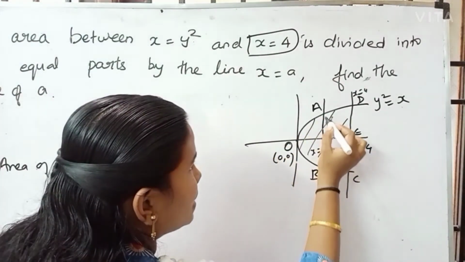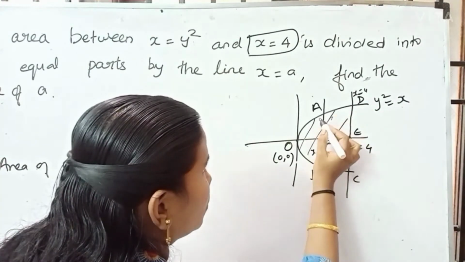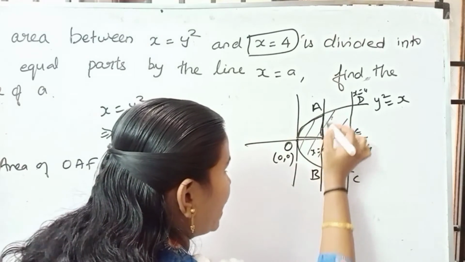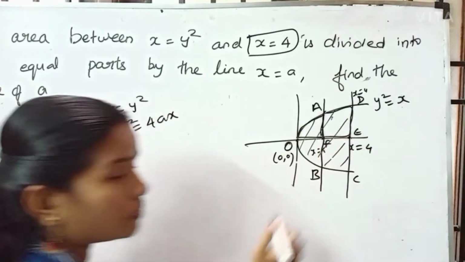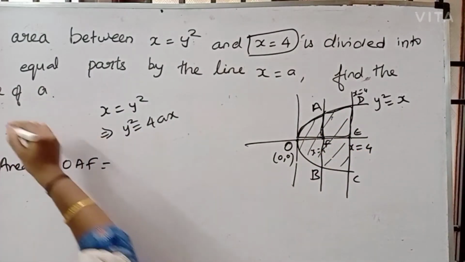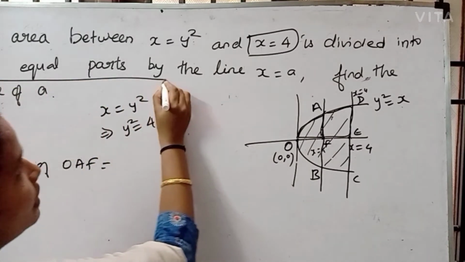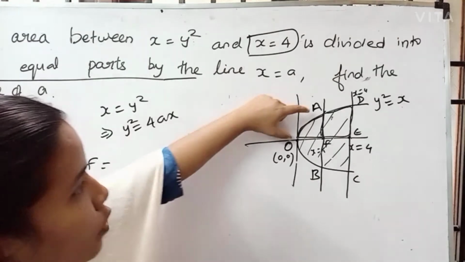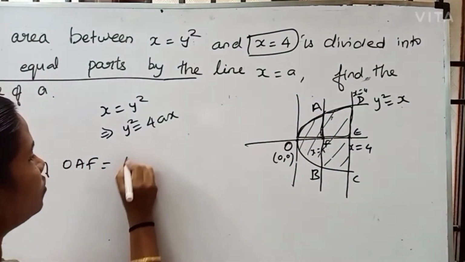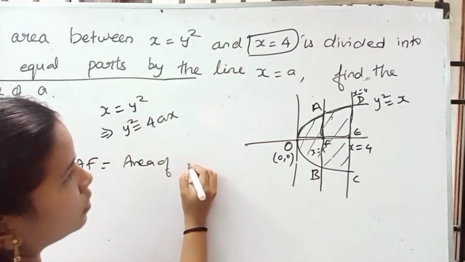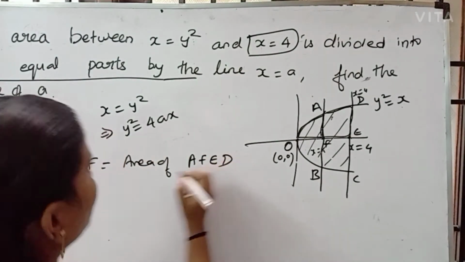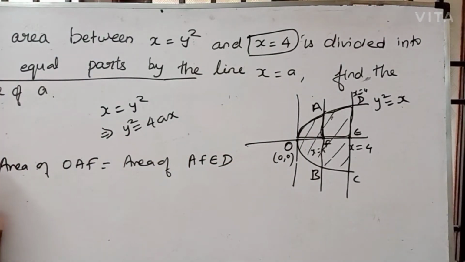This part is equal to the area of this part, because in the question it is given that the region is cut into two equal parts. So area of OAF is equal to area of AFED.